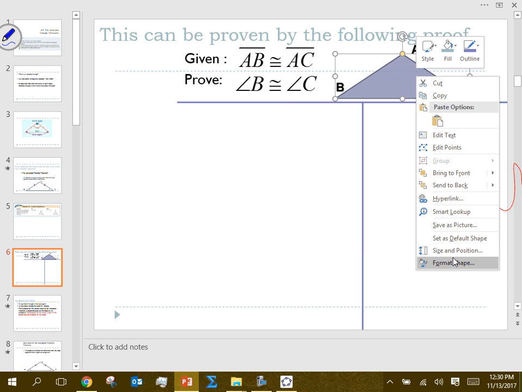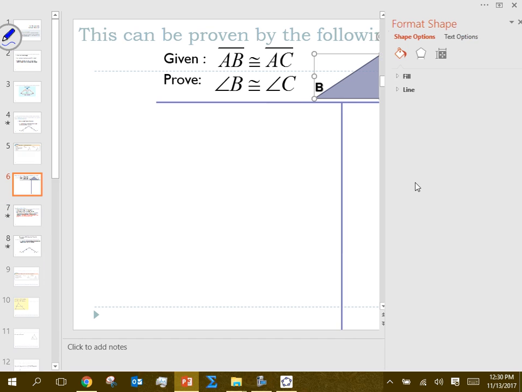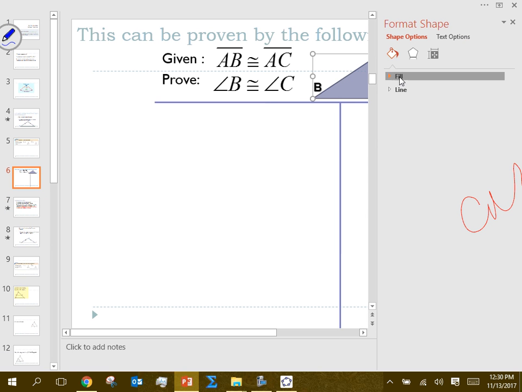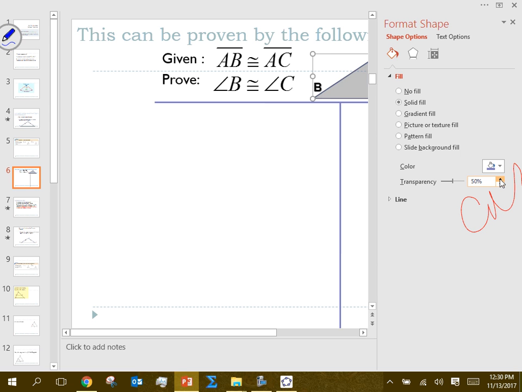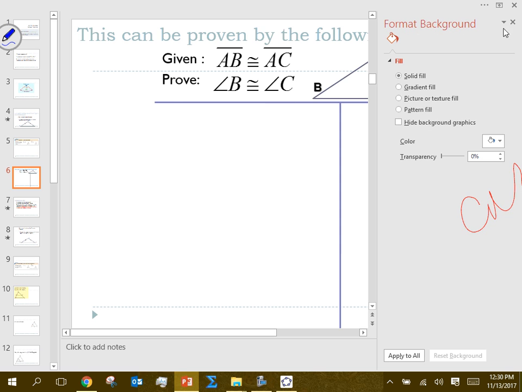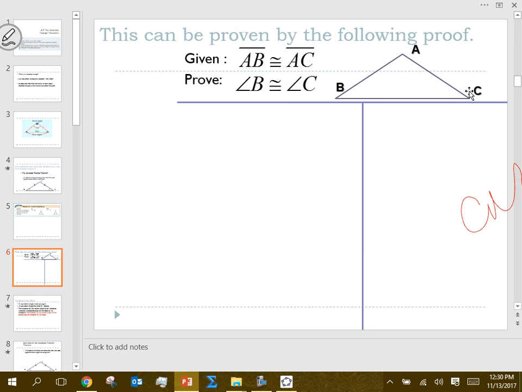Couple things here that we have to do in order to prove this. First thing, I'm going to just draw inside this triangle, so I want to make it a little bit more transparent. All right, so first thing, obviously, write your given down. AB congruent to AC. That's given.